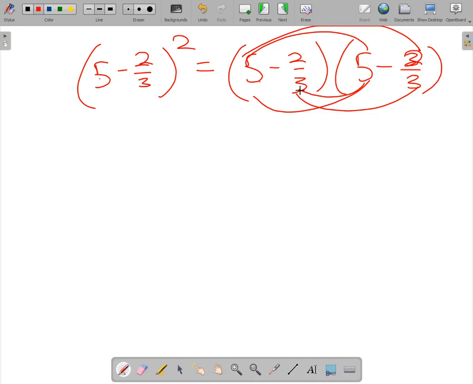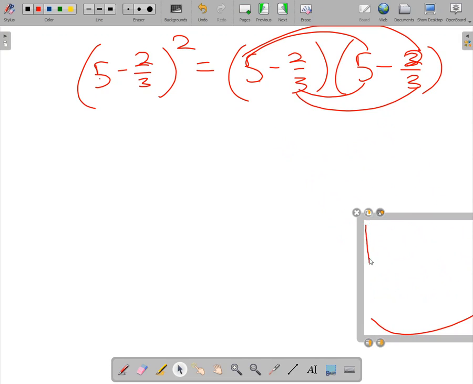It was this 5 times 2/3 right there, with an extra arrow, which is just way harder. So it's doable, but it makes the problem way worse.